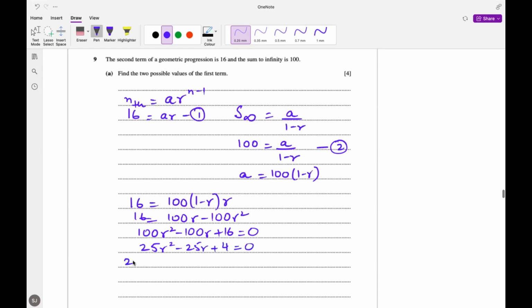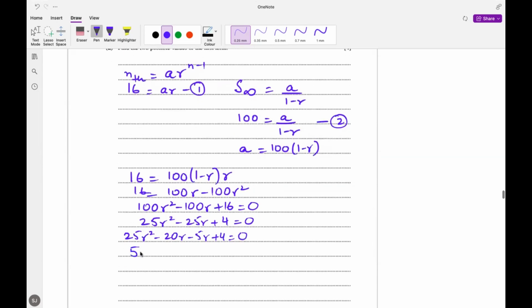Now we can factorize it by middle term breaking. So this will become 25r squared minus 20r minus 5r plus 4 equals 0. Taking 5r common from here, we'll get 5r minus 4, and taking 1 common, we'll get 5r minus 4 equals 0. Finally, we'll write this as 5r minus 1 and 5r minus 4 equals 0.